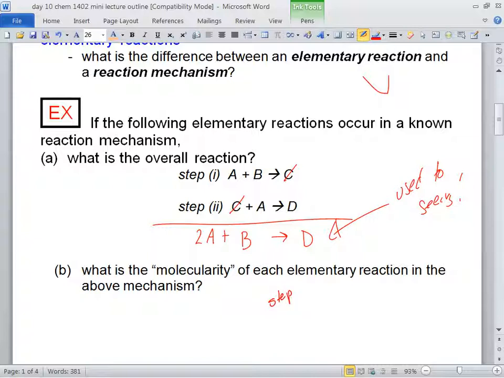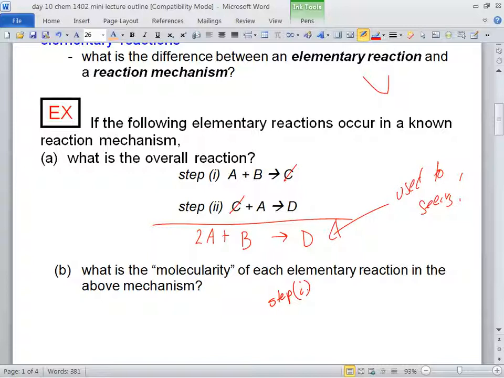What would you guess, Enrique, is the molecularity of step 1? Looking at what's going on in that step, the number of molecules involved is what?